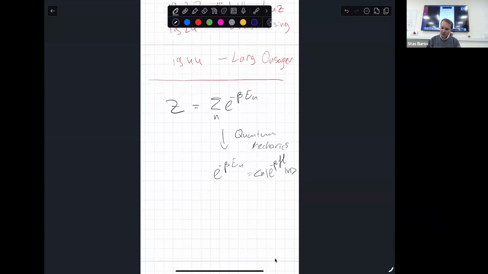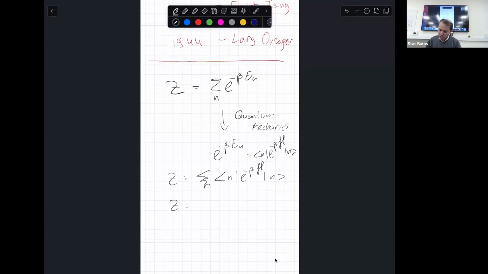So Z is a sum over N of bracket N, e to the minus beta Hamiltonian, N, or you have e to the power minus beta Hamiltonian as a matrix, or an operator. So the partition function is simply a trace of this operator.